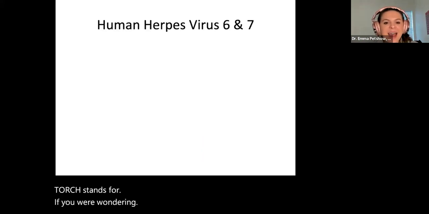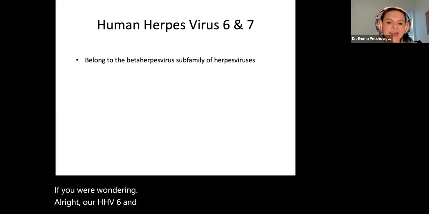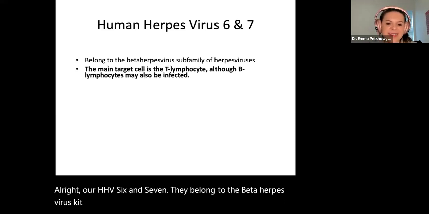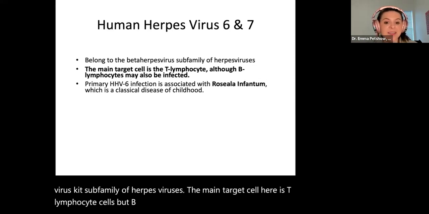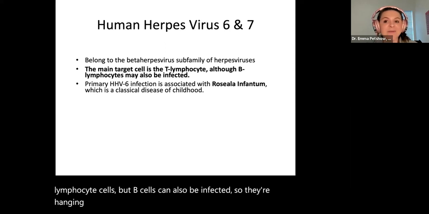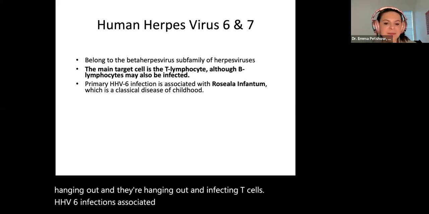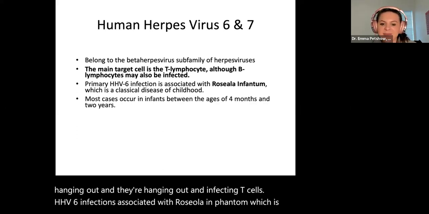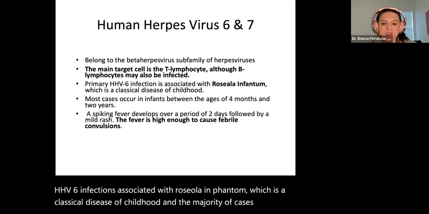All right. Our HHV 6 and 7 belong to the beta herpes virus subfamily of herpes viruses. The main target cell here is T lymphocytes, but B cells can also be infected. HHV 6 infection is associated with roseola infantum, which is the classical disease of childhood. The majority of cases occur between 4 months and 2 years.